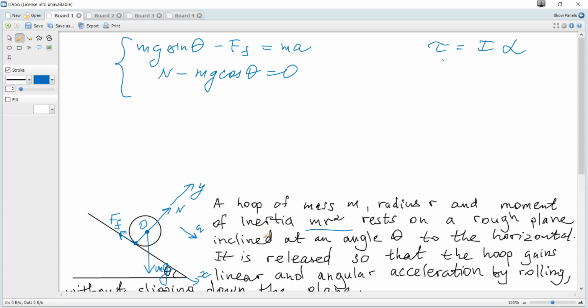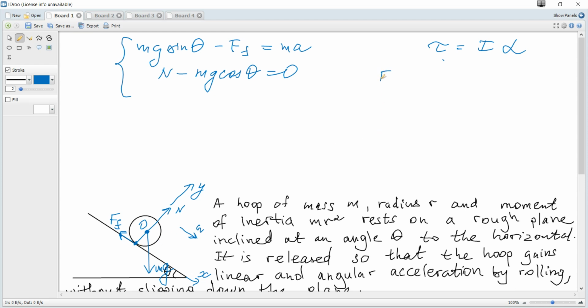With respect to point O, the moment of force mg is equal to 0 because the perpendicular distance from O to mg is 0, and the moment of force of N is also 0 because the perpendicular distance from O to N is also 0. So there is only one non-zero moment of force.